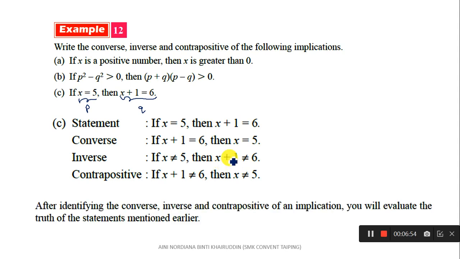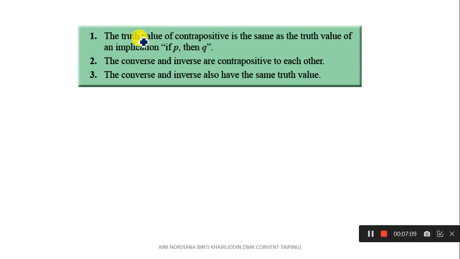After identifying the converse, inverse, and contrapositive of an implication, you will evaluate the truth of the statements mentioned earlier. The truth value of a contrapositive is the same as the truth value of an implication. Means, contrapositive and the statement have the same truth value.